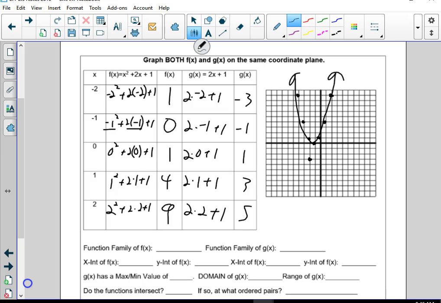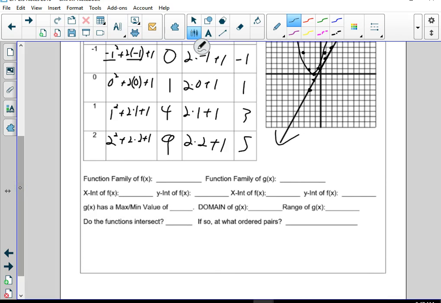And then negative 1, negative 1 right here. And then 0, 1 right here. 1, 3 right here. And 2, 5 right here. When I draw that line, oh, that's a linear right there. It is a linear. Okay, so there's my line.